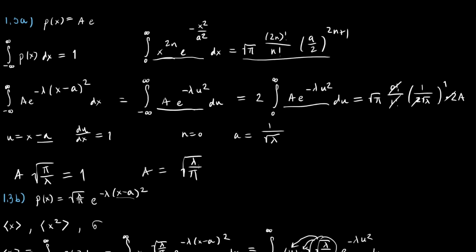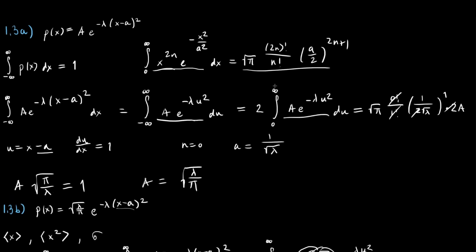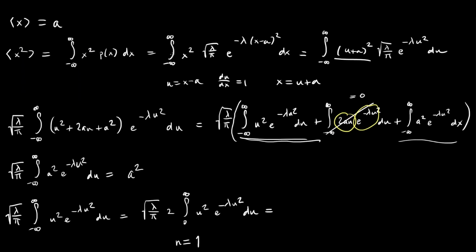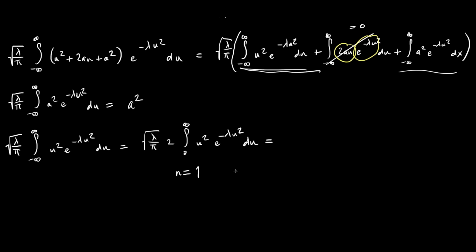Because if you recall the identity above, in order for x to have a power of 2, n must equal 1. So then a will be the same since this part never changed. And what we get is square root of lambda pi 2 times the square root of pi.